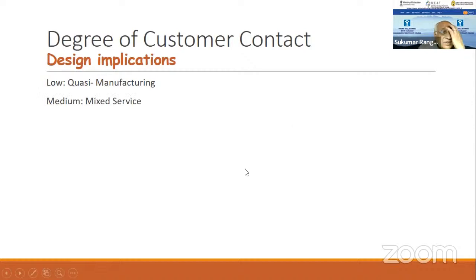Medium contact is a mixed service. When you go to fine dining, the same thing cannot happen, because you are ordering specific items, which are not exactly put together, but some of them are made from certain basic material.